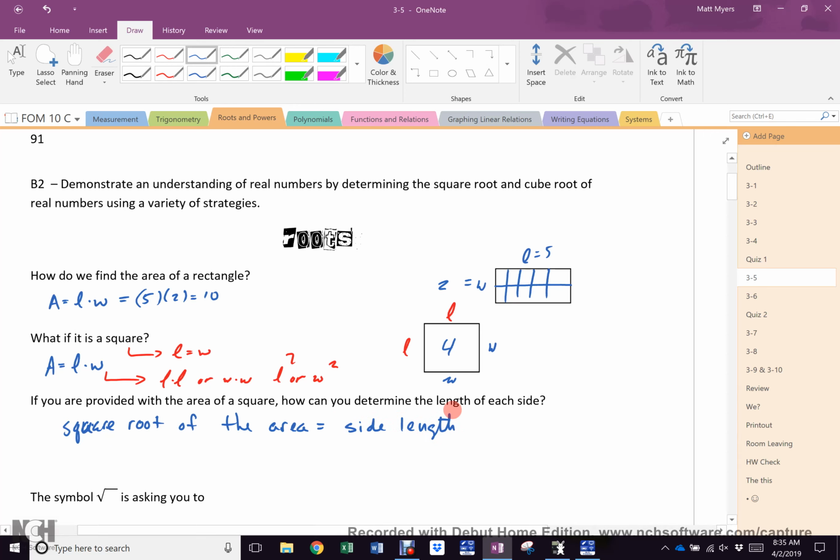What if I told you that the square is 7? It's irrational, right? How would you tell me how long the sides are? You would still do the square root of 7, right? Can you do the square root of 7? No. What do we do instead? Where do we get that value? From your calculator. Is it a real value?